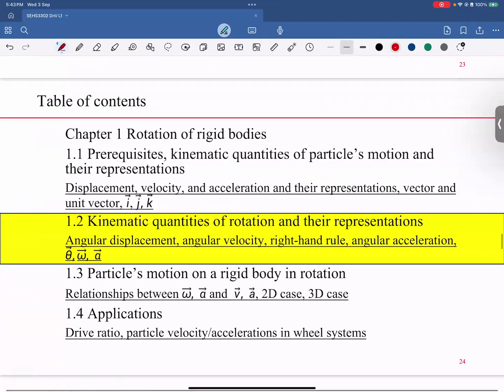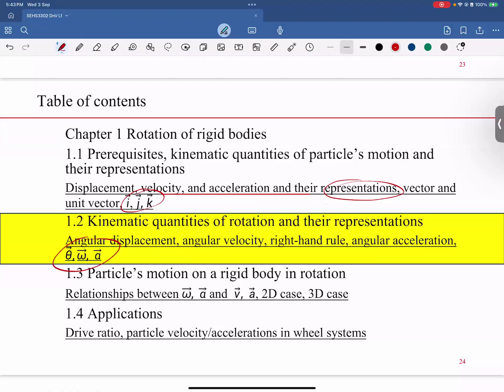And so as I told before, once we know i, j, k, and the representation of a particle's motion, we were curious, maybe you're not curious, about the rotation of a rigid body.